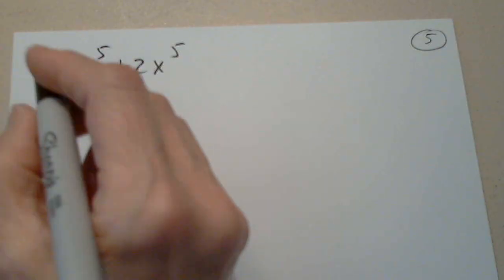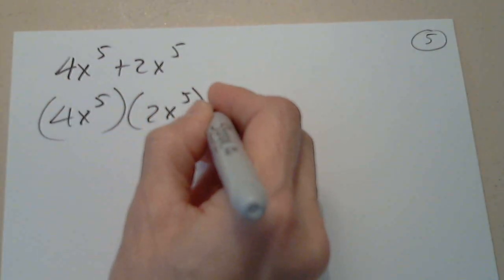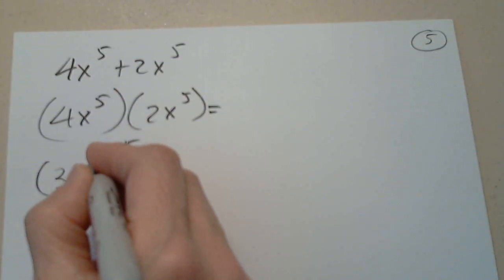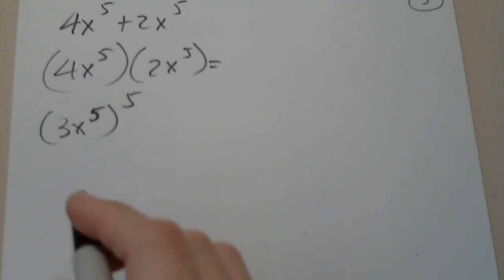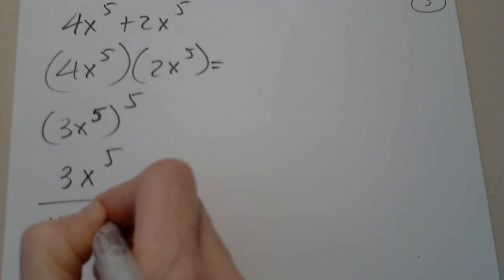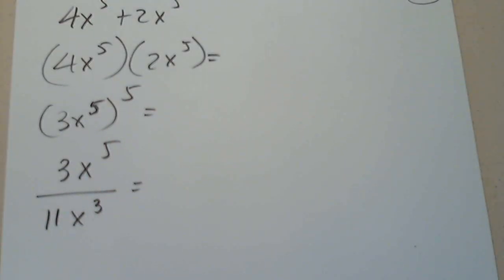I love this exercise. 4x to the 5th plus 2x to the 5th. Then 4x to the 5th times 2x to the 5th. And then 3x to the 5th, everything to the 5th power. And the last one, 3x to the 5th over 11x to the 3rd. So you will find something similar in several problems in Pearson, in the practice.